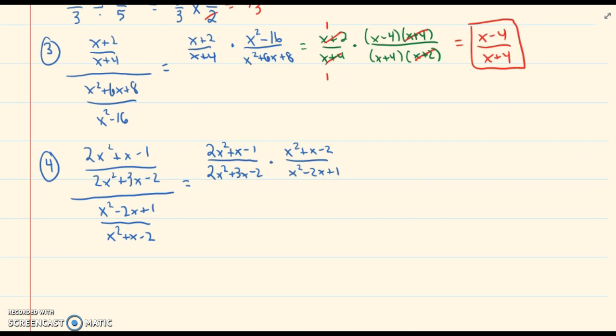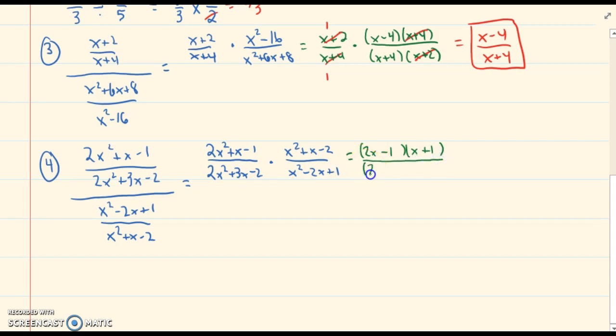So I'm looking for greatest common factor. I've got nothing to take out of anything. So I'm going to do my traditional factoring. So 2x squared, I know it's going to be a 2x and an x. And minus 1, so one of those has to be a positive 1 and a negative 1. I think I need to put the positive 1 here and the negative 1 here to get that middle term of x.